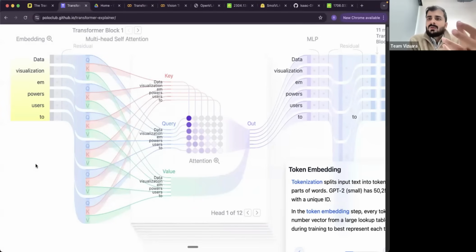There could be an argument: why do you need values in the first place? Why can't you directly pass the input embedding itself as a value after you calculate the queries and keys? That, in fact, is a very valid question. Even I was thinking about it before I went through the transformer paper.